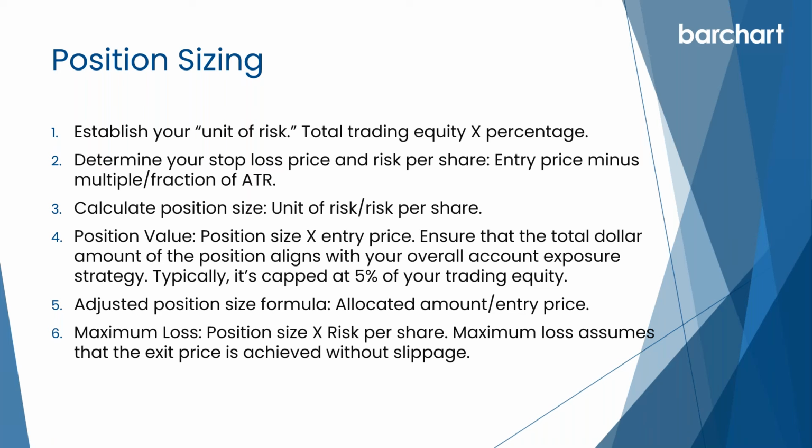So now what I want to do is determine my stop loss price and my risk per share. Now that will be our entry price minus our ATR. Now I say minus because I'm just assuming that we're going to be looking at long positions. Again, if I'm doing a short position, then it would be plus. But depending on the style of the trader, for instance, a day trader would use a fraction of the ATR, a quarter, a third, a half, something like that.